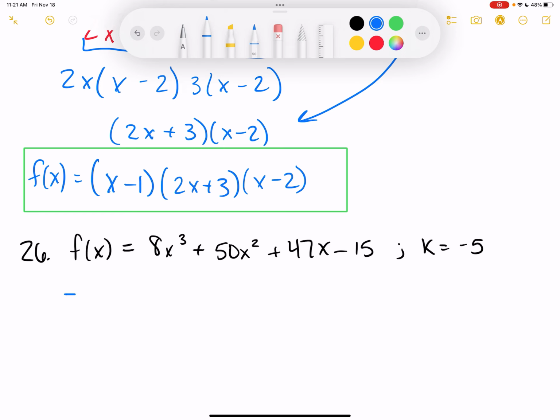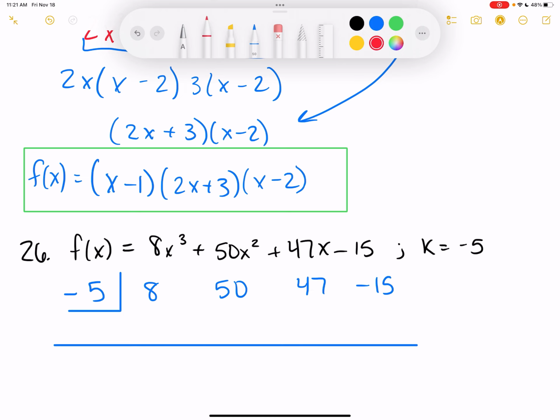So I don't like these ones. Negative 5, 8, 50, 47, negative 15. So bring down the 8. 8 times negative 5 is negative 40, plus 50 is 10, times negative 5 is negative 50, plus 47 is negative 3, times negative 5 is 15, gives us 0.